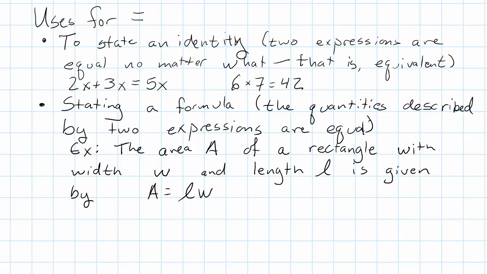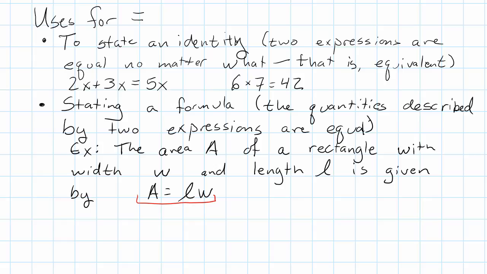Right? This equation might be true or false depending on the values of the variables. But the formula tells us that this is always true as long as A is the area of some rectangle, W is its width, and L is its length.